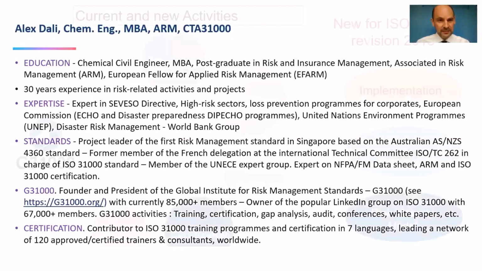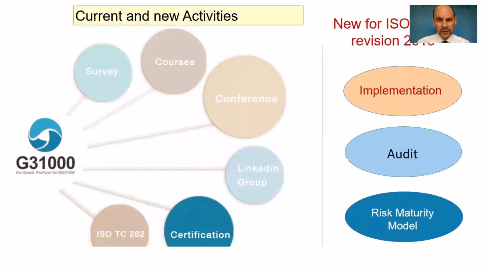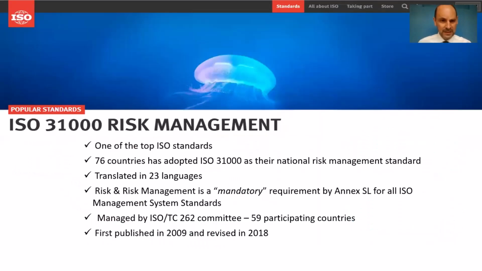So let me show you our current activities: survey, course, conference, LinkedIn group, which is quite popular with 65,000 people, certification, and link with ISO TC262, the committee of ISO in charge of ISO 27000. The new 2018 version will extend our service for implementation, assessing program based on the risk maturity model.